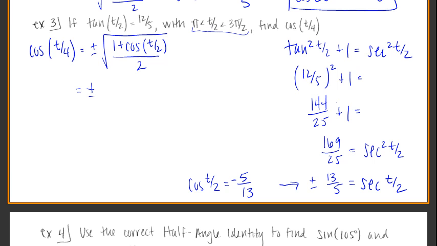So we haven't figured out this plus or minus in the front yet. All we figured out so far is just cosine of t over 2. It's going to be 1 minus 5/13 over 2. So plus or minus, see, 13 minus 5, so 8/13 divided by 2.